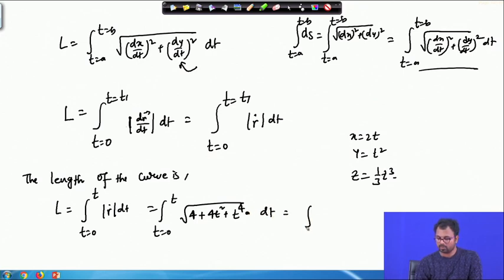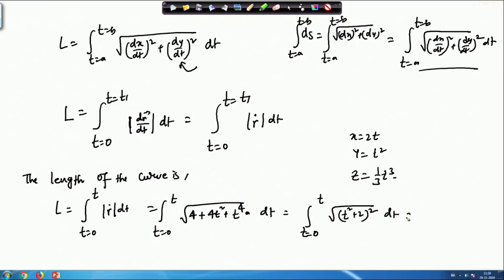So this can be written as square root of (t square plus 2) whole square, right? First of all we have to take it out of the square root.